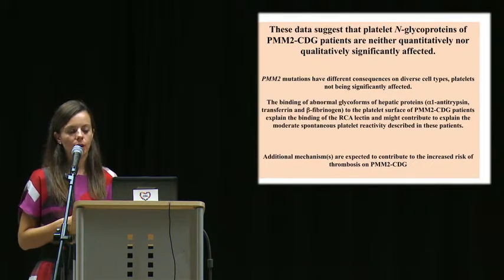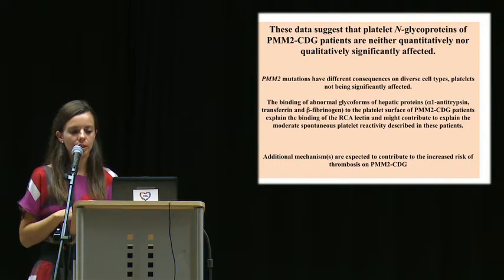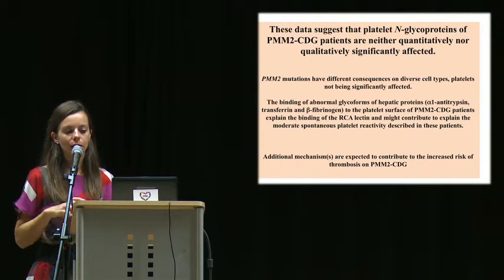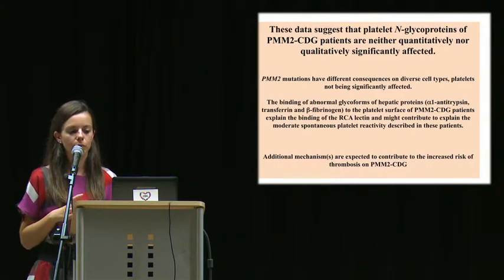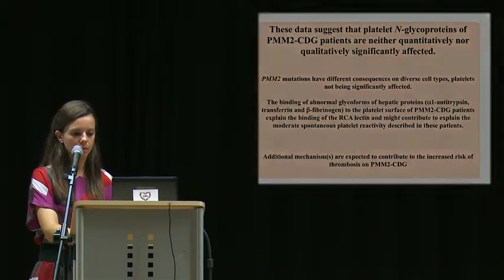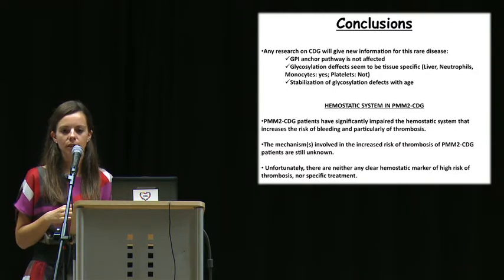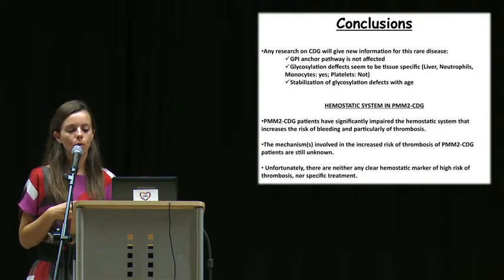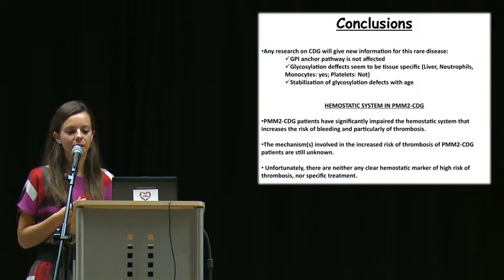The binding of abnormal glycoforms of hepatic proteins to the platelet surface might explain the increased binding of the lectin on the surface of the platelet and might contribute to explain the moderate spontaneous platelet reactivity described in these patients. But again, we think that this is not enough to explain the so high risk of thrombosis in these patients. So we are still working hard on other approaches that maybe could have better results.